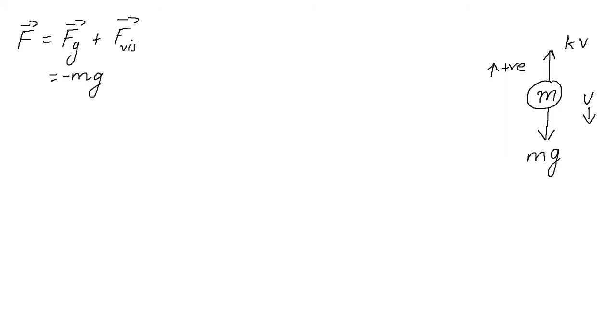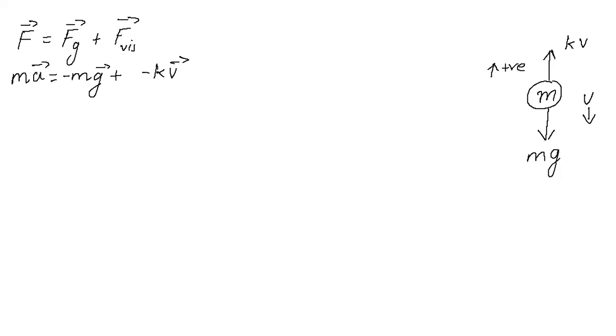It is in the downward direction, so it's minus mg, plus the viscous force, which is k into v in the opposite direction of velocity. Whatever may be the velocity, it will be in the opposite direction of velocity. So you can write the force as m into a.